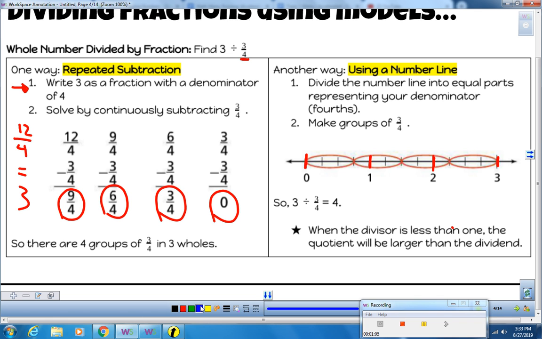So out of each whole, we're counting 1/4, 2/4, 3/4. 1/4, 2/4, 3/4. 1/4, 2/4, 3/4. And I made 1, 2, 3, 4 groups again. Okay? Both of those are appropriate strategies.